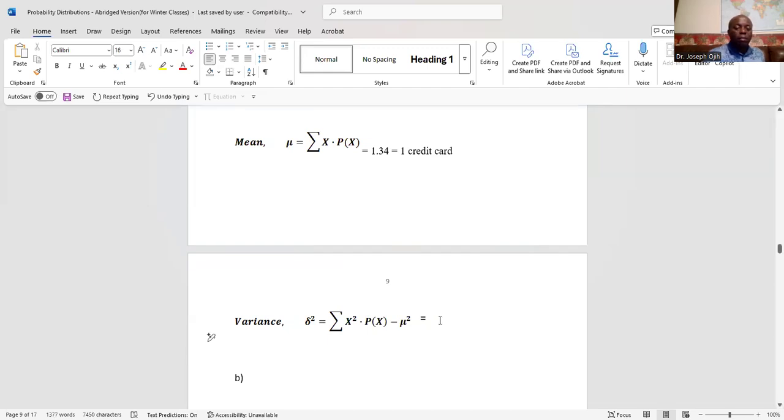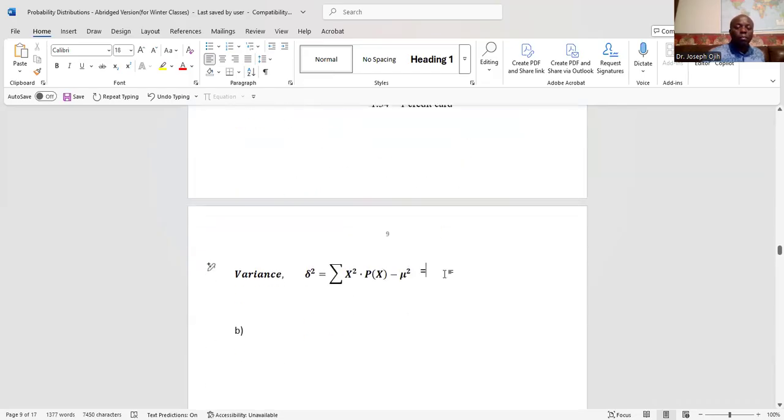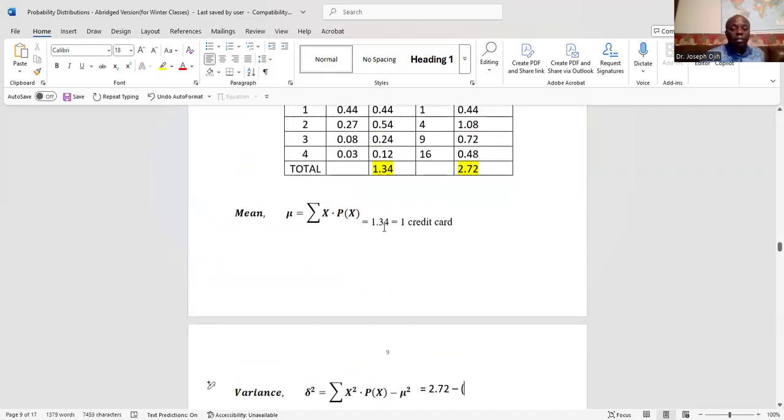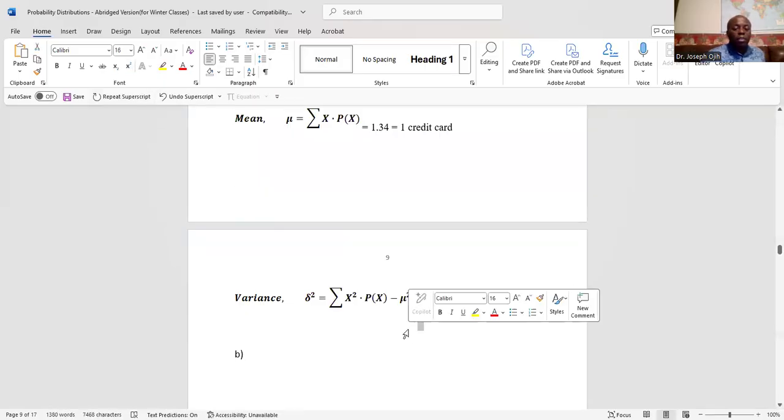This x squared times px total is right here, 2.72, minus the mean. We got the mean as 1.34, and it says square it. So we have to square it: 1.34 squared. And that will give us the variance right here.